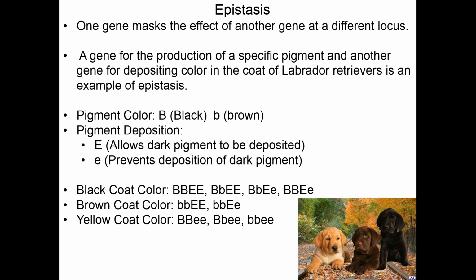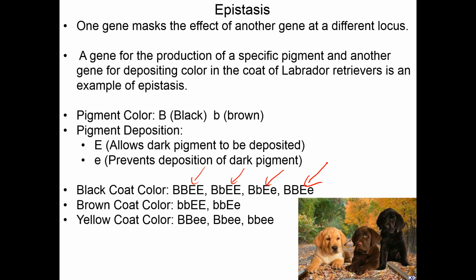They can be heterozygous for both genes. They can be homozygous dominant for pigment color and heterozygous for pigment deposition. But either way, they have at least one copy of this dominant E allele, meaning that the dark pigments are going to be deposited in the fur coat.